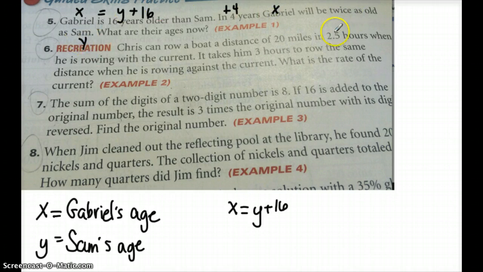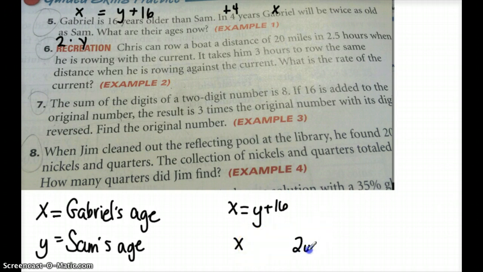Sam would be Y, and twice as old means I would times by 2. So Gabriel's age in 4 years will be twice as old as Sam.